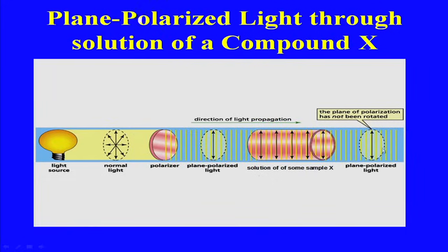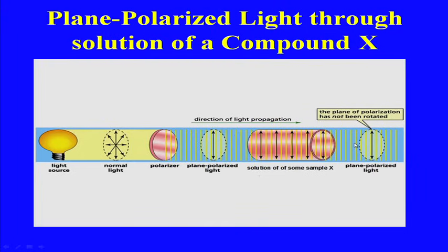And if you put the other plate here, which is now called an analyzer, because you are analyzing whether there is any perturbation in the plane of polarization of this light. So, by this analyzer, you can now check whether there is any rotation in the plane of polarization while passing through the solution of the sample x.